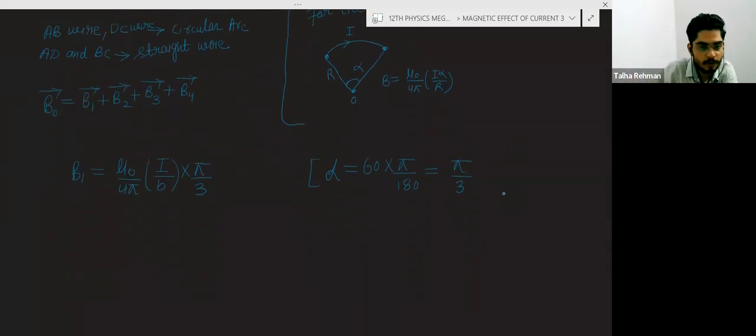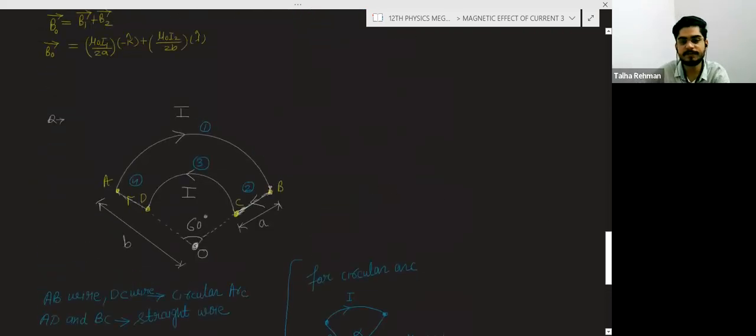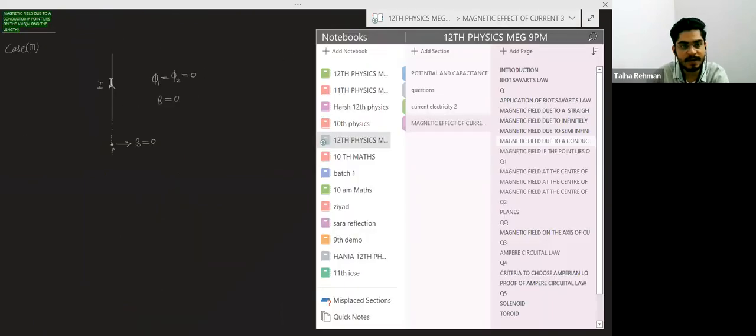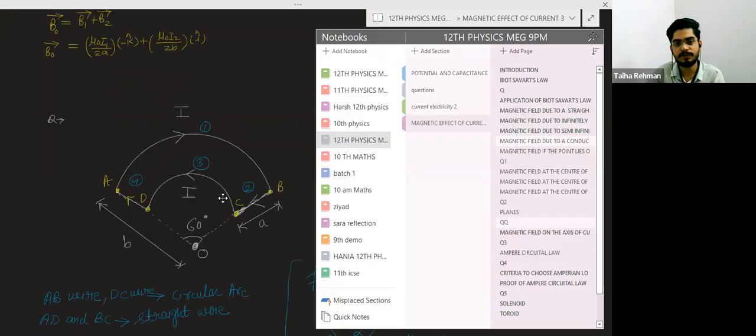Now for B2, the magnetic field at the center due to the second wire. In the starting of the lecture, I told you that when the point lies on the axis of the wire, the magnetic field due to the wire is 0.